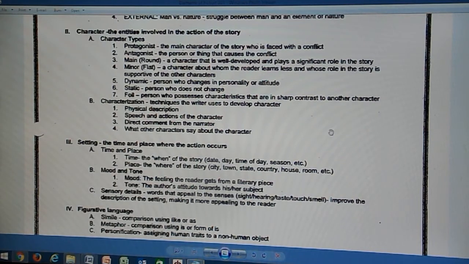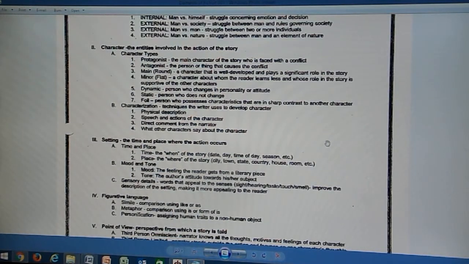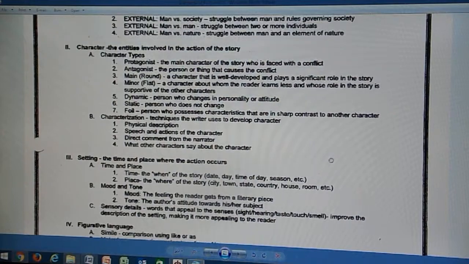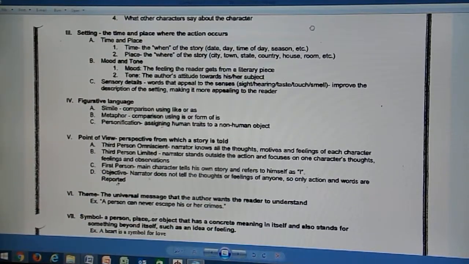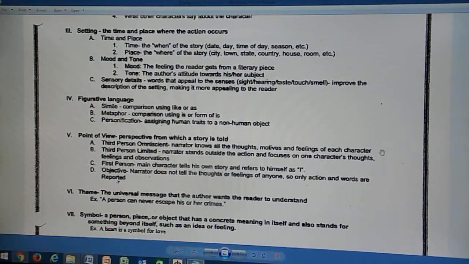Alright, so we're going to move now to setting and time. We've gone over that before. The setting is the time and the place where the action occurs. Don't forget the time. Sometimes people forget that that's part of the action. Now, there are three components under setting a time.